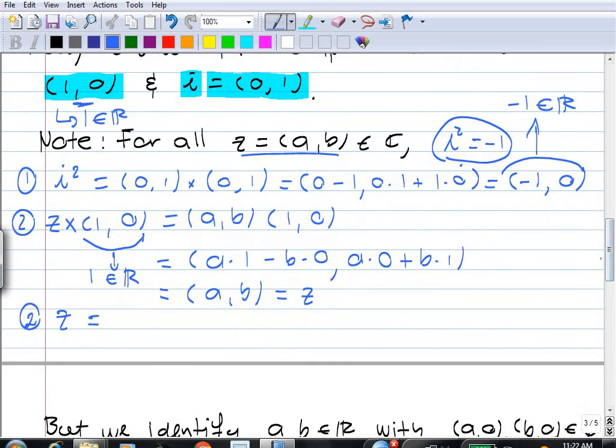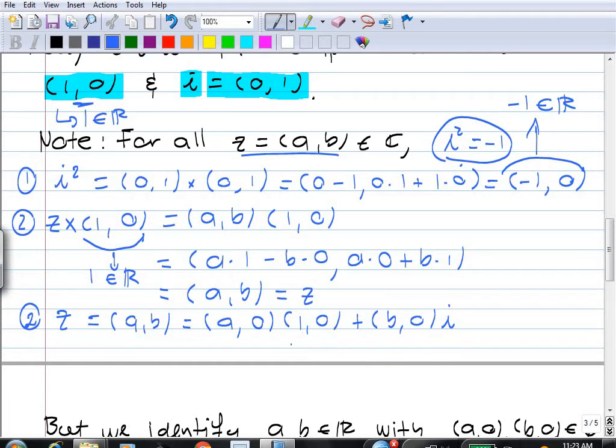Now, let's see. If we now take a complex number z, then this is (a, b), and based on what we see here, we can write it as (a, 0) times this complex number (1, 0) plus (b, 0) times the complex number i.